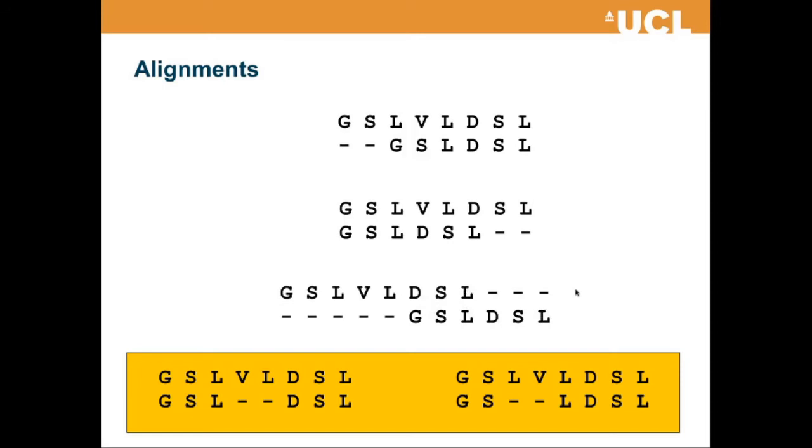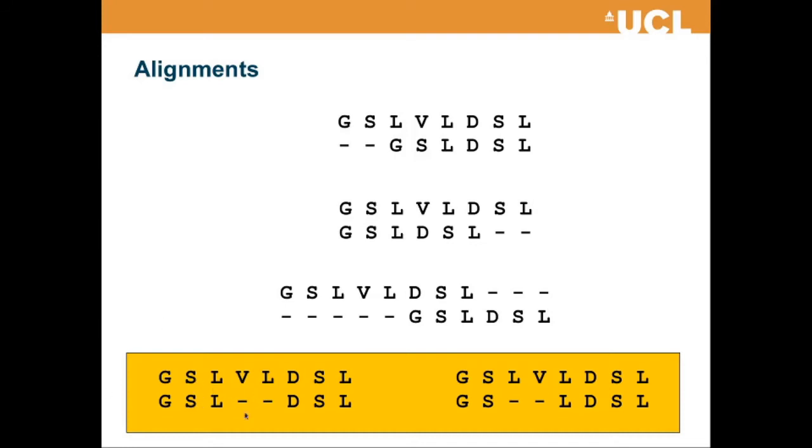However, what we normally mean by a sequence alignment is inserting gaps into one of the sequences or both of the sequences such that we optimize the total number of identities or similarities between amino acids.